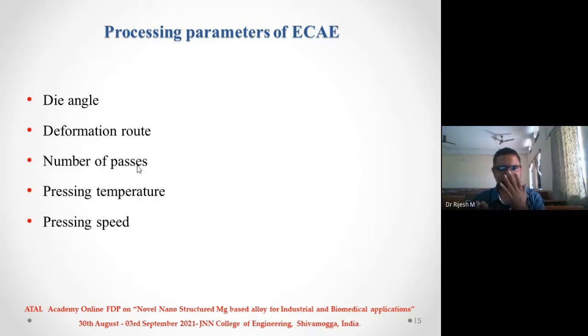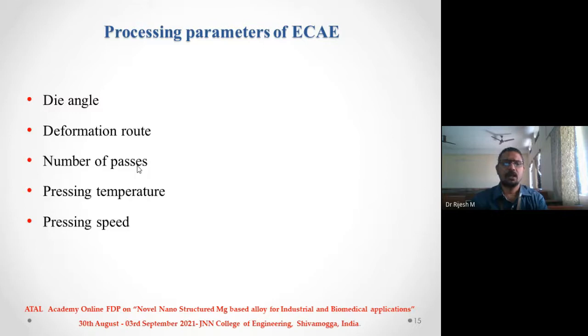They say that the ductility of the material goes on decreasing as the number of passes increases. Even though I say it is a combination of strength and ductility, there will be some amount of ductility present, but not to the extent that it can withstand any number of passes that you want. So the number of passes is always restricted with respect to the material property.